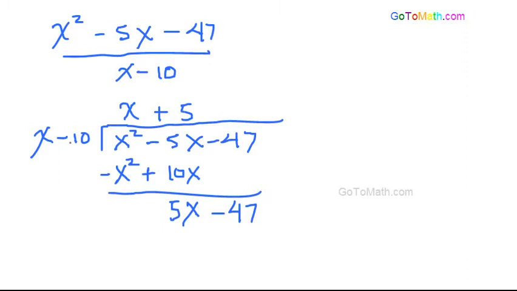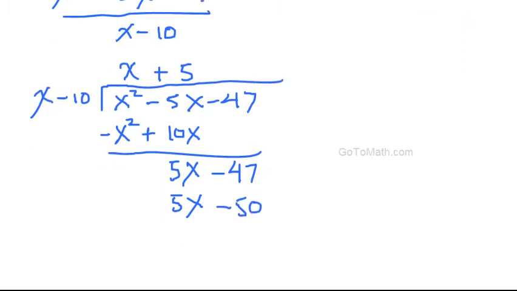And then we go ahead and multiply it back, so 5x, and then minus 50. Okay, so we go minus, that'll make that a plus, and we got minus 47 plus 50, that's going to give us a 3. Right.